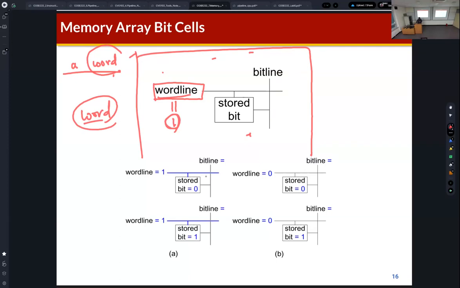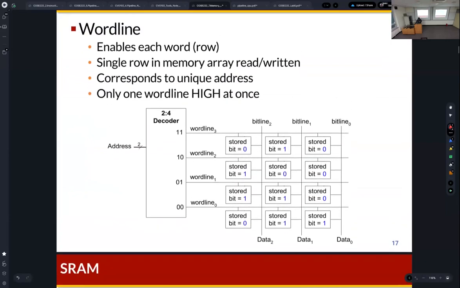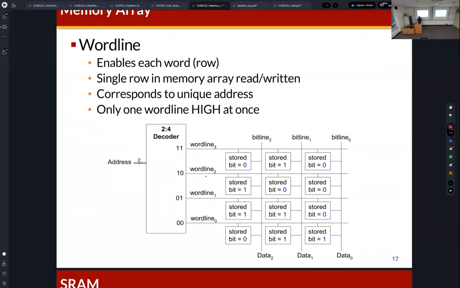The bit data is stored in this part. So address is given, then there is the address decoder, and each output line of the address decoder is connected to a word line of the memory.